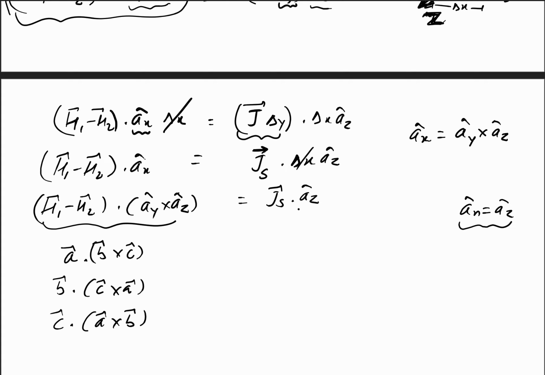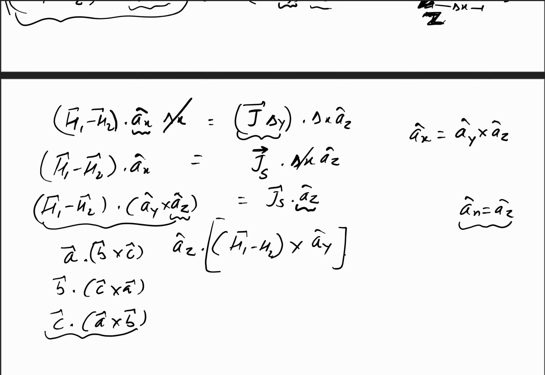So what I'm trying to do, I'm trying to get a dot product here on both sides with Az. So how is it possible? This Az comes into the dot product, that is this form. So this I will write now Az dot, now A cross B, H1 minus H2 cross B, B is AY, is equal to JS dot Az.